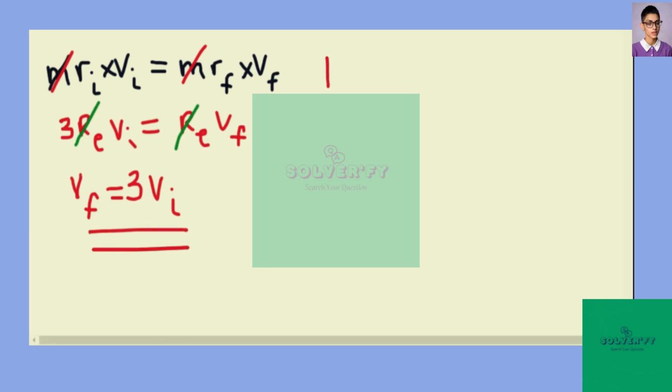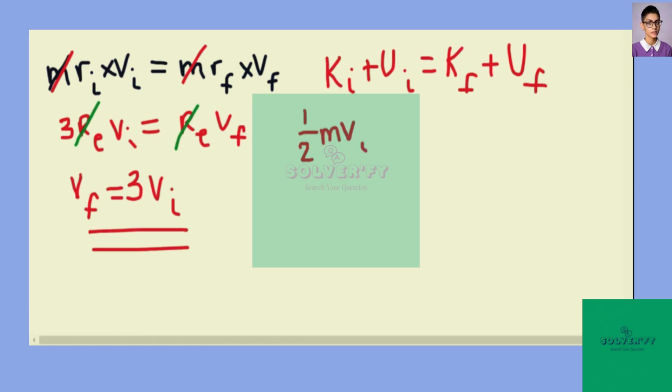Now, conservation of energy. Kinetic energy initial plus potential energy initial is kinetic energy final plus potential energy final. 1/2 m V initial squared.